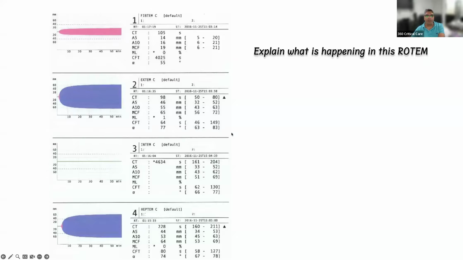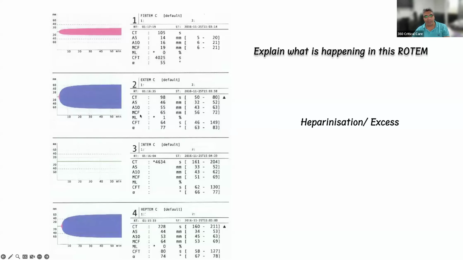Okay, what does it say? Factor 7. Okay, factor 7 deficiency. I cannot make out what is factor 7 deficiency, right? We talked about this. Now in INTEM, what is happening? The clotting time is abnormal. It gets corrected in HEPTEM.